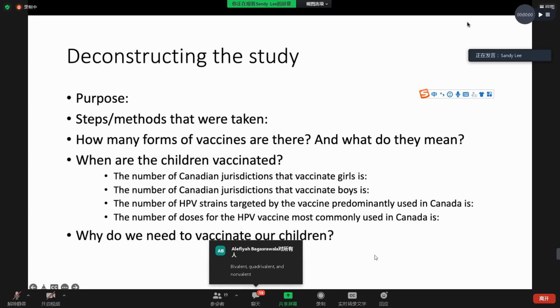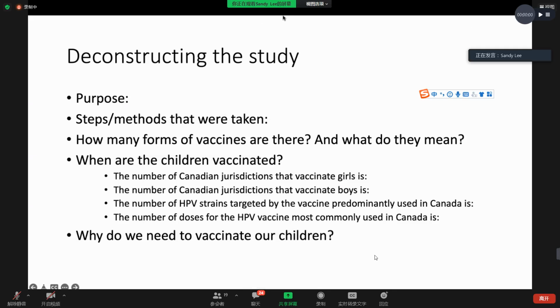And what does that even mean, if it's bivalent or quadrivalent? Two strains, so stimulating a number of different antigens on the virus. Yes. Okay. Yes, perfect. Nine antigens. Yes.